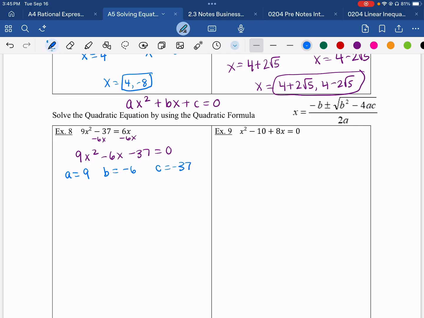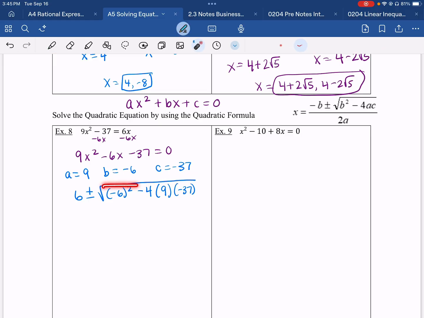Negative b means take the opposite sign of the b, so it's -6, so it becomes +6. Plus or minus square root b squared, -6 squared, minus, notice parentheses. If you don't put in parentheses, you're going to get it wrong. 4 times a, which is 9, times c, which is -37. Notice my square root goes all the way over.